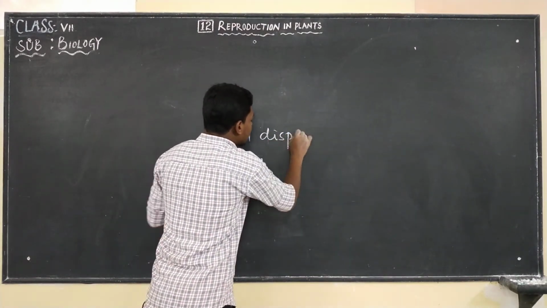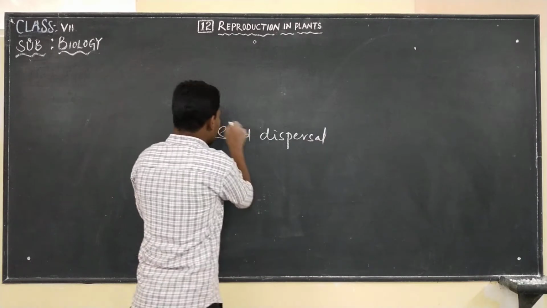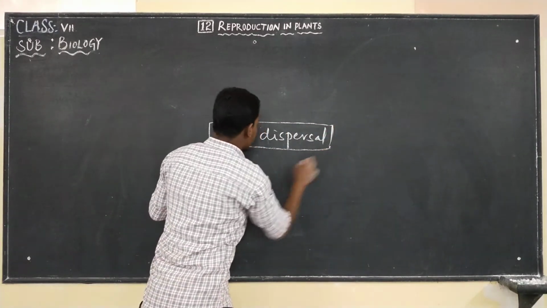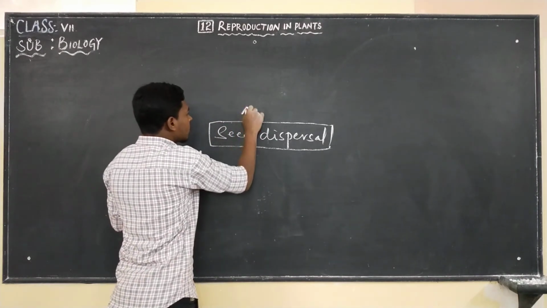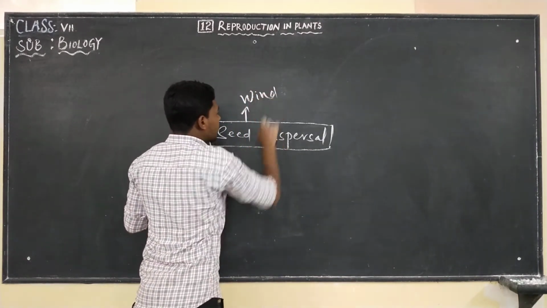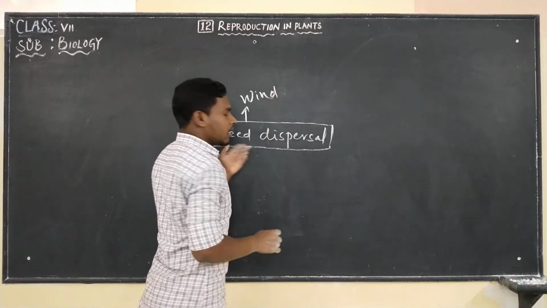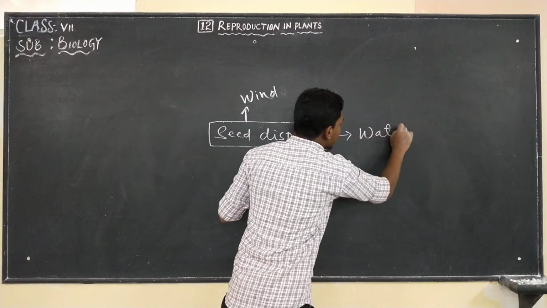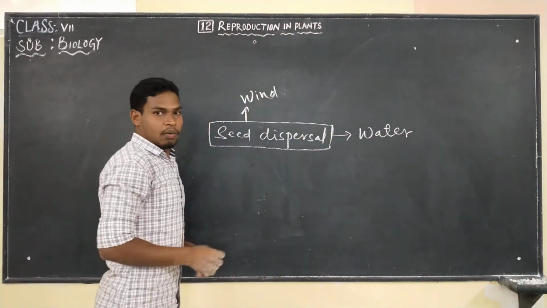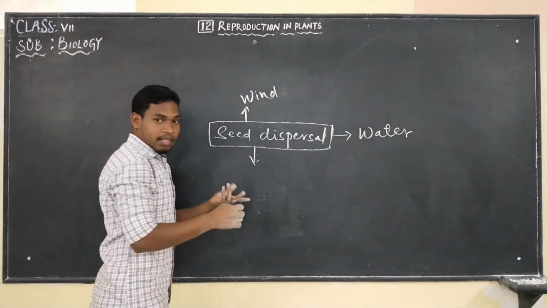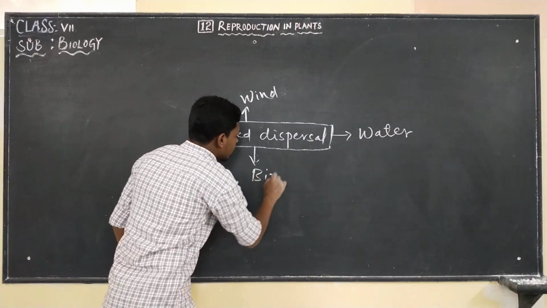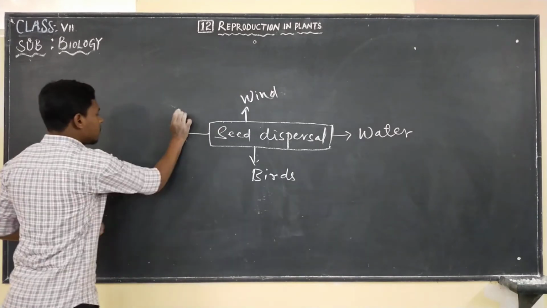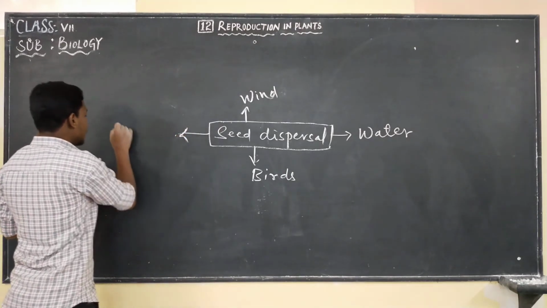So here, seed dispersal is done by wind, even water, by the help of birds, and by the help of animals.